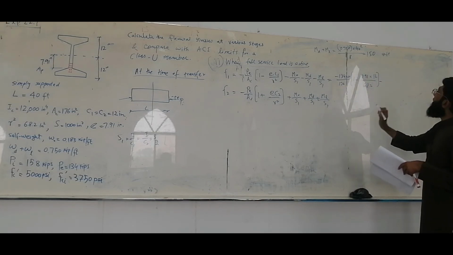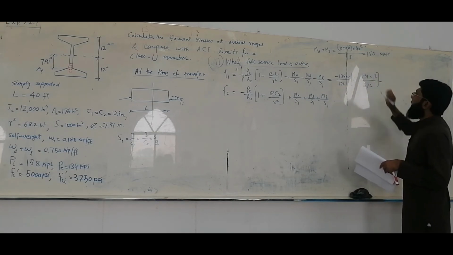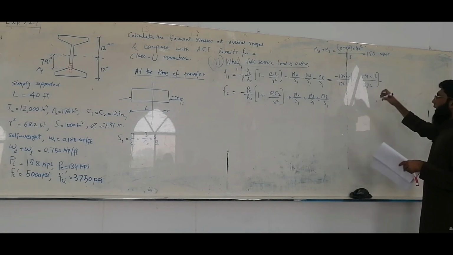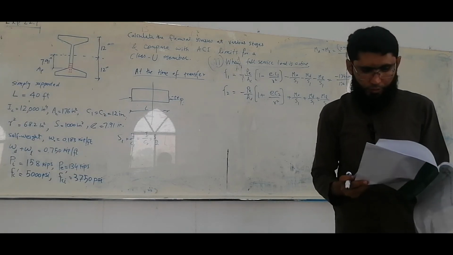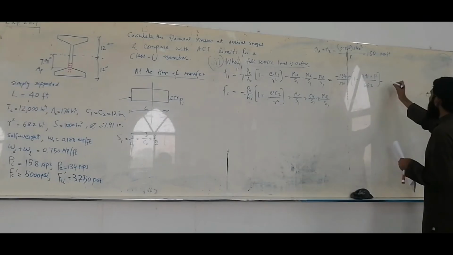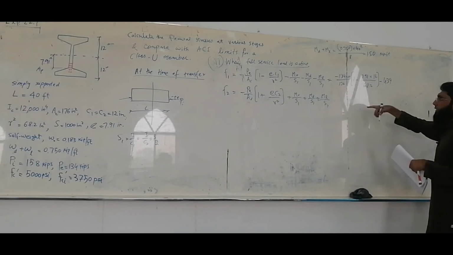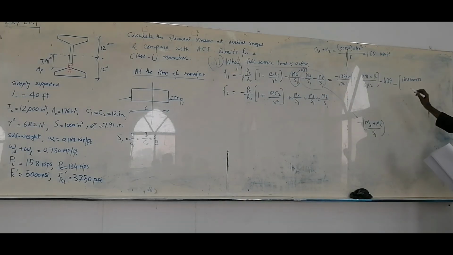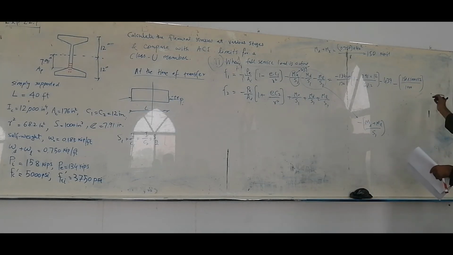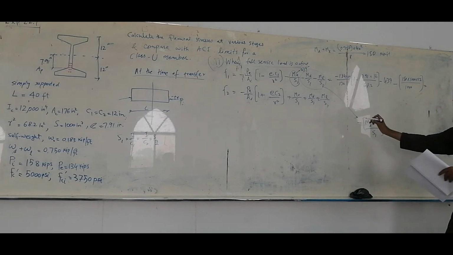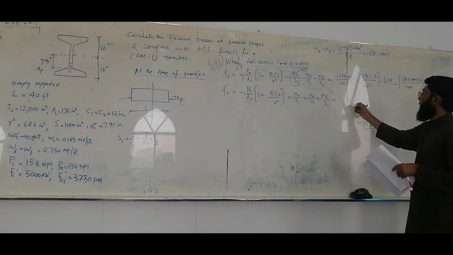That's it? Kip foot. Okay, that's right. Now what next? M naught over S1, that value I think it was 439. Okay, so minus 439. This is M naught over S1 divided by 1000, which is this S value. So you get your answer. And similarly, you will work it out over here.